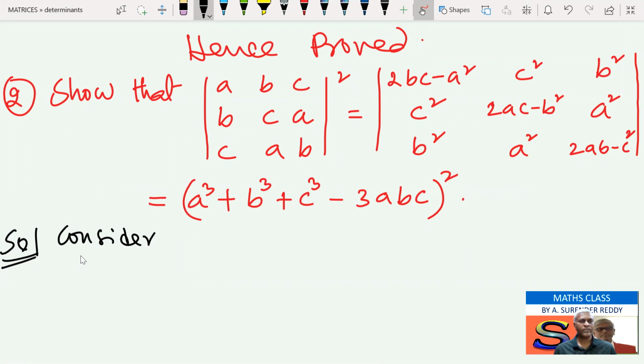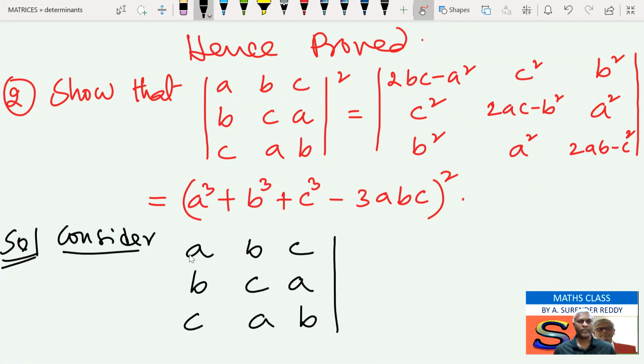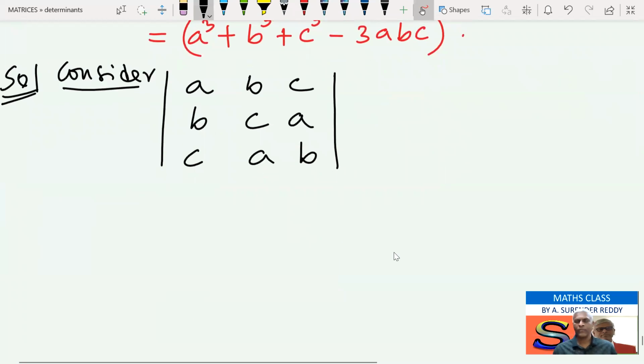Now let us consider the determinant ABC, BCA, CAB. Let us find this value and find the determinant.